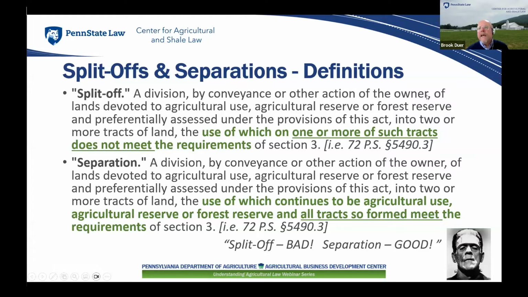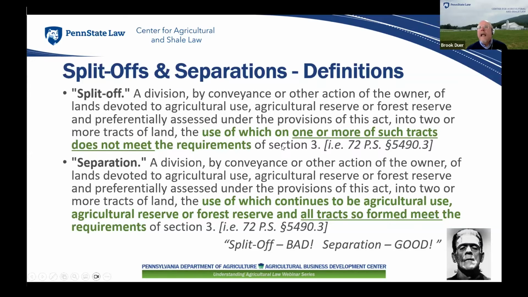And there's a case on that, actually, which we're going to talk about later, of lands that are devoted to ag use, ag reserve, or forest use, and preferentially assessed under the provisions of this act. In other words, a division by conveyance or other action of the owner of land in the program, into two or more tracts of land, the use of which on one or more of such tracts does not meet the requirements of the law.